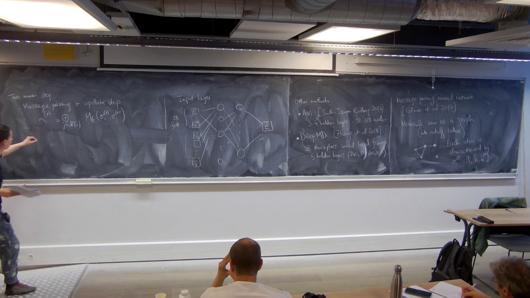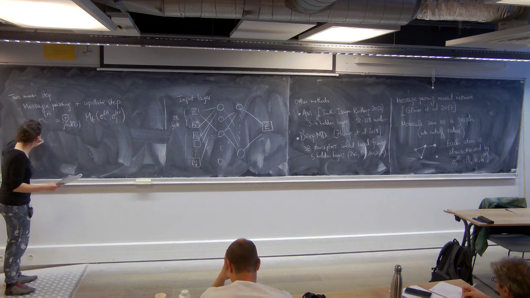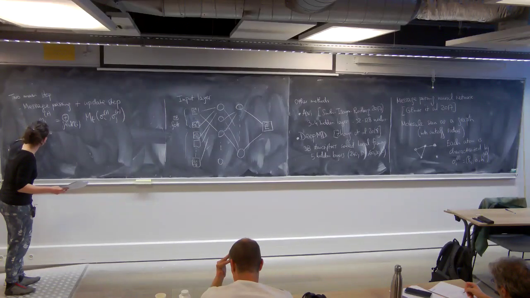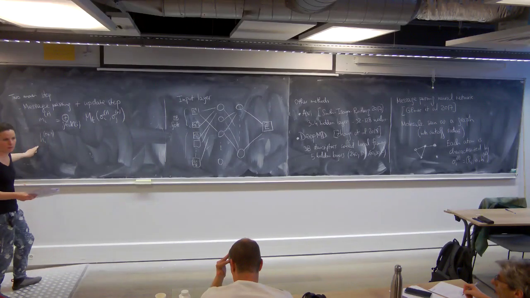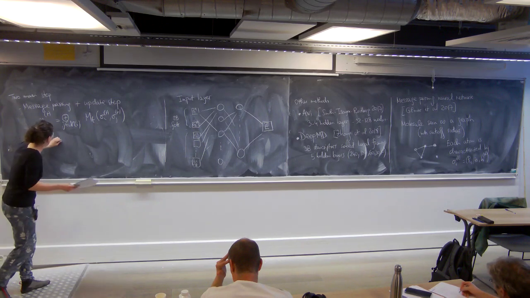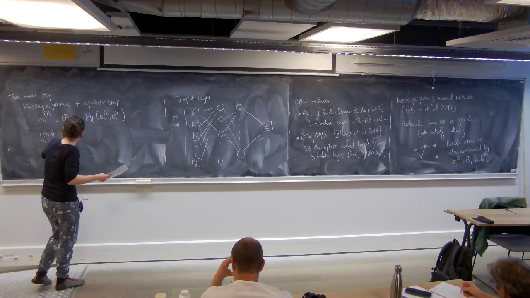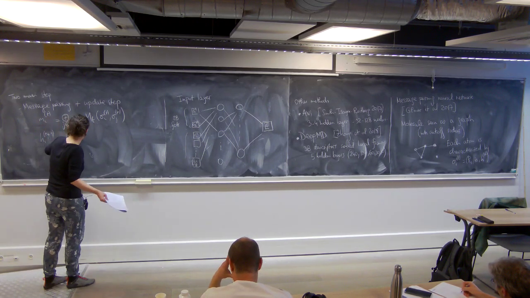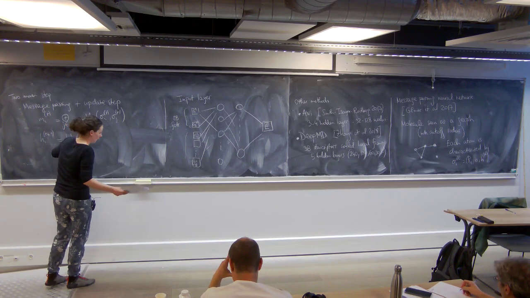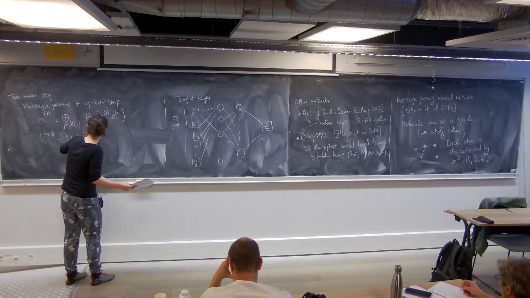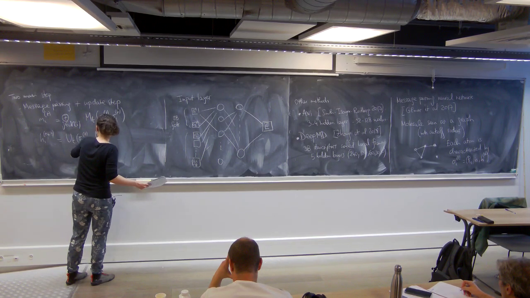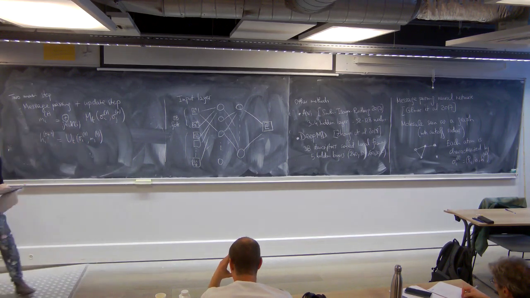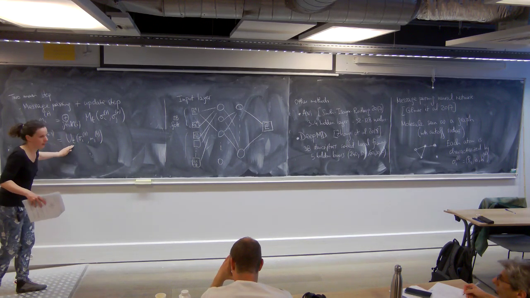Then we have the update step, which consists in updating the descriptors with some function called U_t of sigma_i^t and m_i^t. This is also a function that has to be learned.